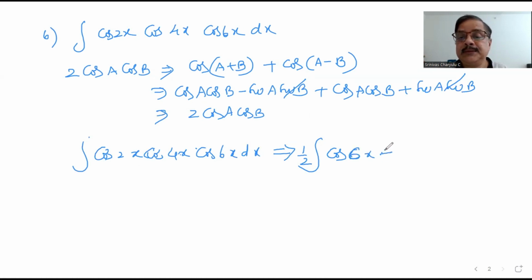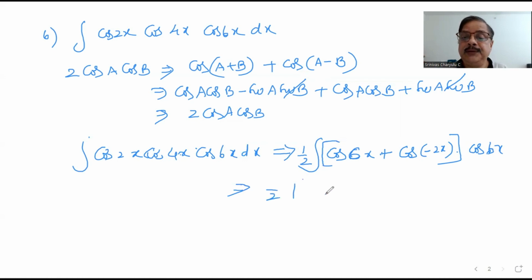Next plus cos of A minus B, 2x minus 4x, that is cos of minus 2x. This entire thing into cos 6x is there. Put bracket like this. This half is applicable to this. Then half into cos 6x you add to become cos square 6x. Cos of minus 2x is cos 2x.